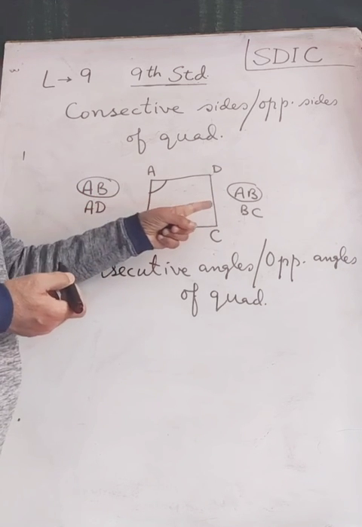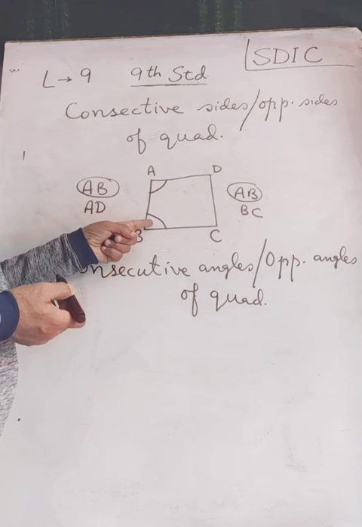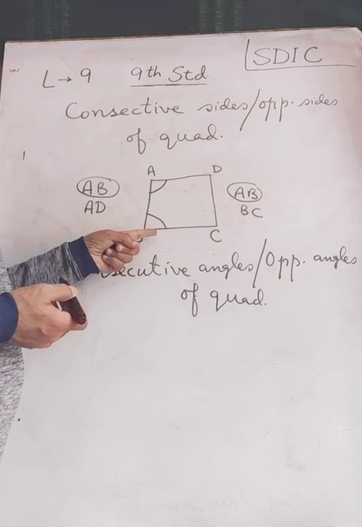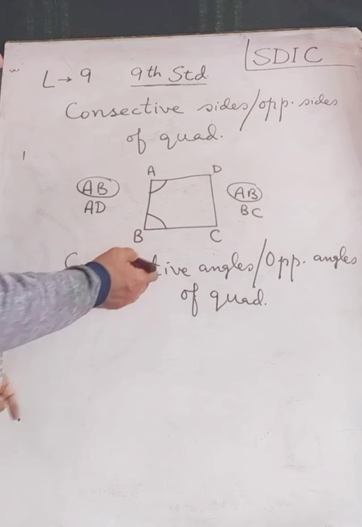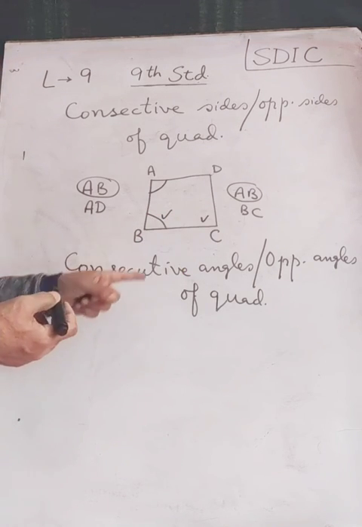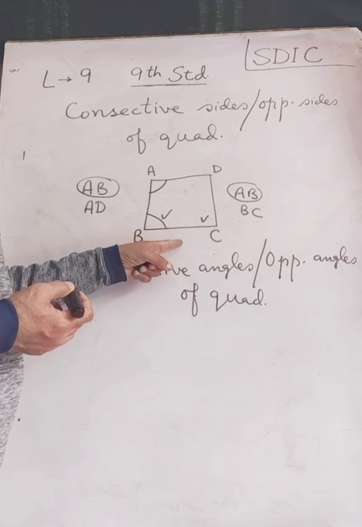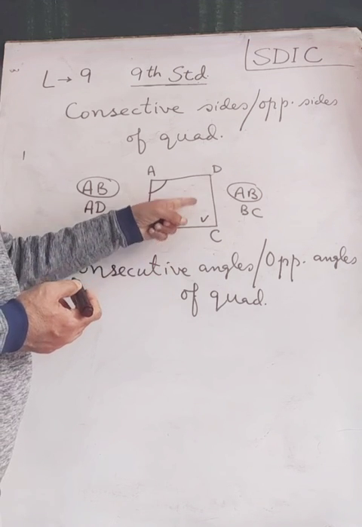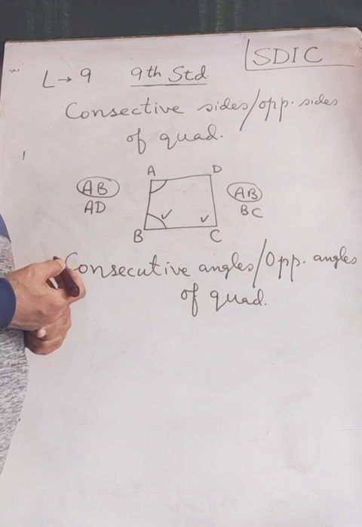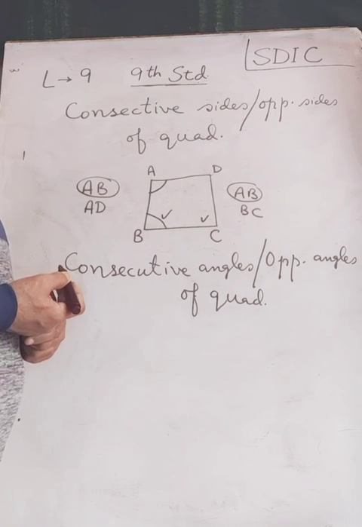Now in such a situation, we call angles consecutive angles. Therefore angle A and angle B are consecutive angles. Similarly, angle B and angle C are consecutive angles because these also have a common arm. BC is their common arm. Angle C and angle D are also consecutive angles. Angle D and angle A are also consecutive angles because they have common arm.